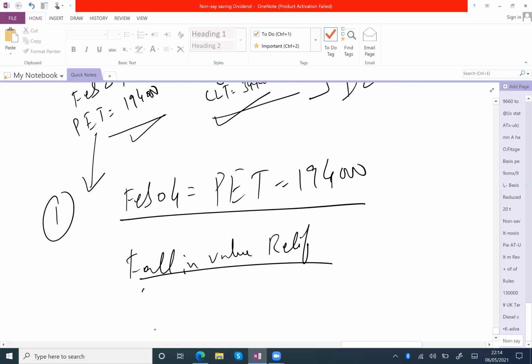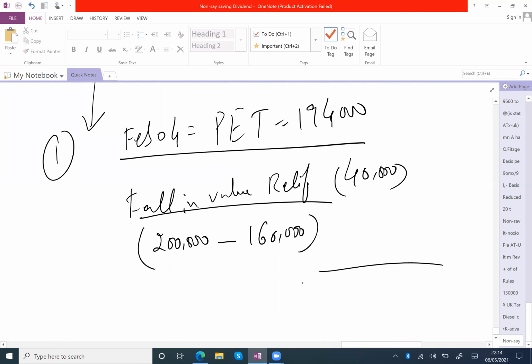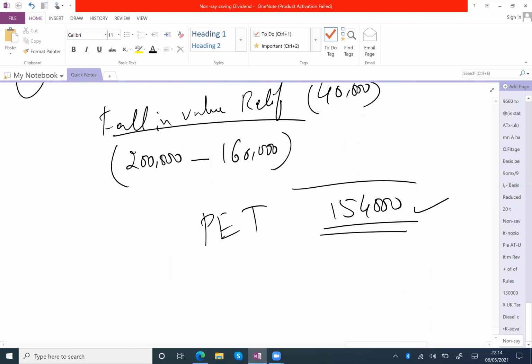The formula of fall in value is market value at gift date, 200,000, minus market value at death date, 160,000. So fall in value relief is 40,000. Deduct it, and what is the PET value now after fall in value relief? 154,000. And now on this value pay the death tax.